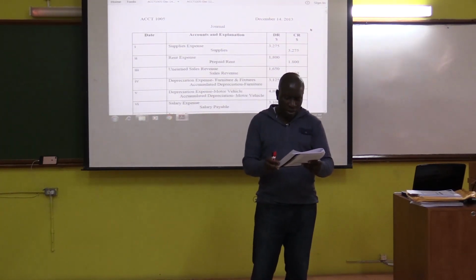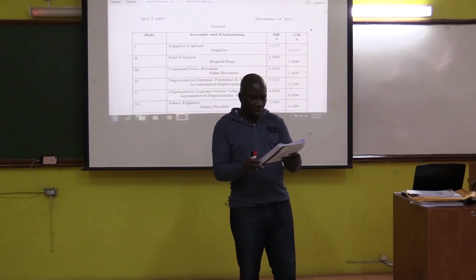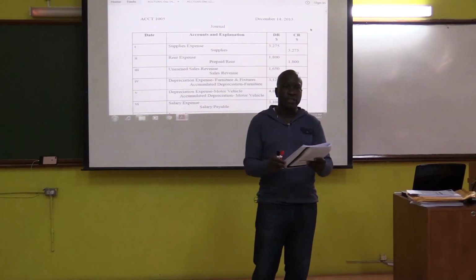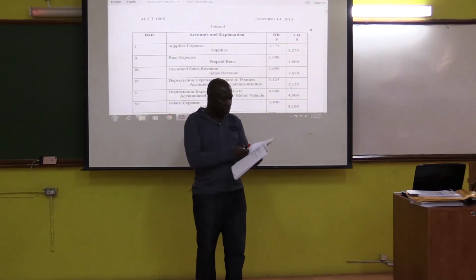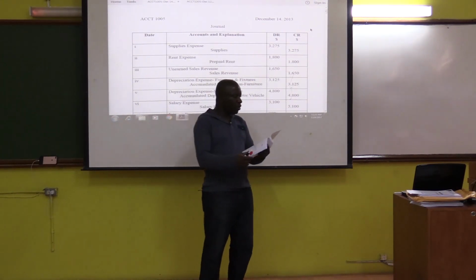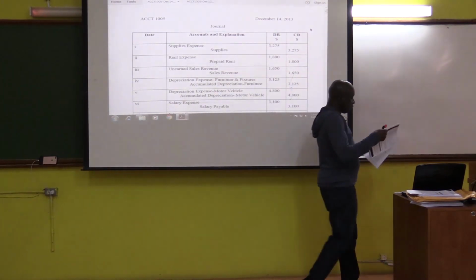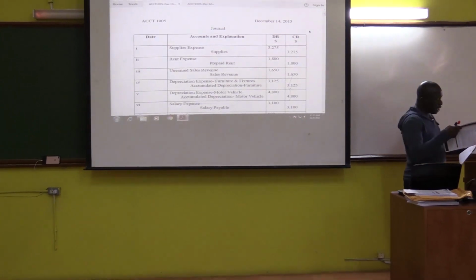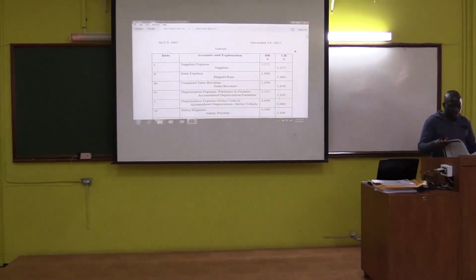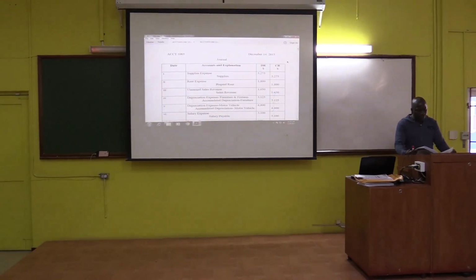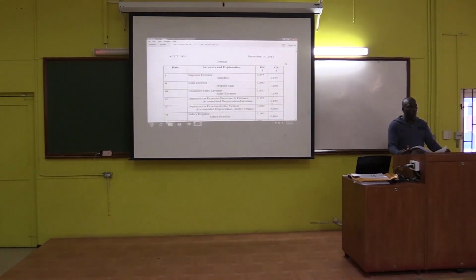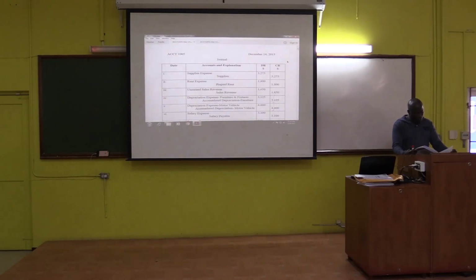Note 3. 1,650 of the unearned sales revenue was earned. Note 4. Depreciation on the furniture and fixtures is charged using the straight line method. The useful life is 8 years and the residual value is 1,500. Note 5.